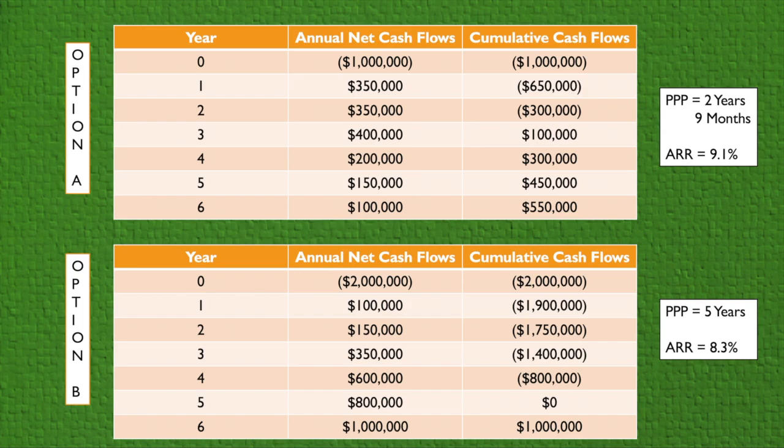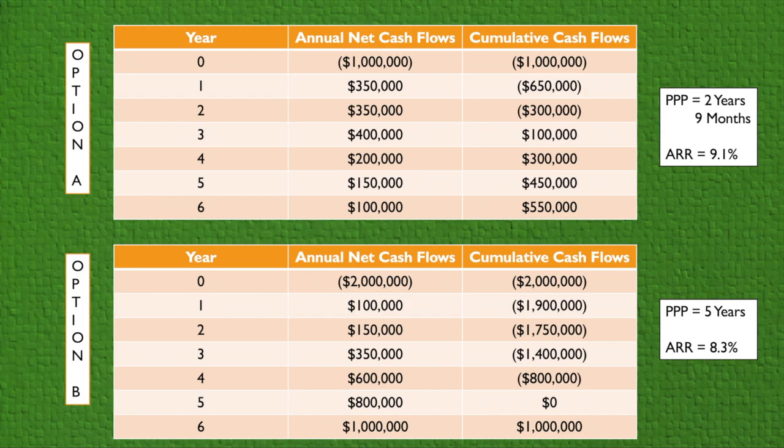The honest truth is that there are ways to argue each side. The numbers do look better for option A, however. We have a payback period that is shorter, and we have a rate of return that is greater. However, as many students will point out, option B leads to more profitability.